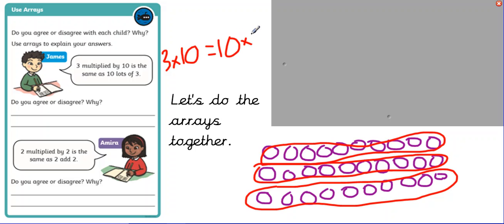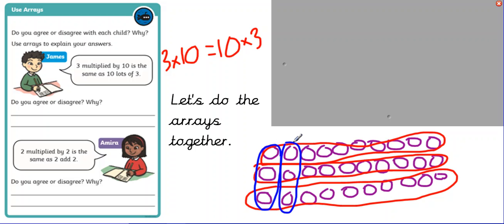times 3. So what we're going to do now is we're going to change our colour and see if we've got 10 lots of 3. So if I change my groups and work in my columns now, I've got groups of 3, haven't I? But I want to see if I've got 10 groups of those 3.